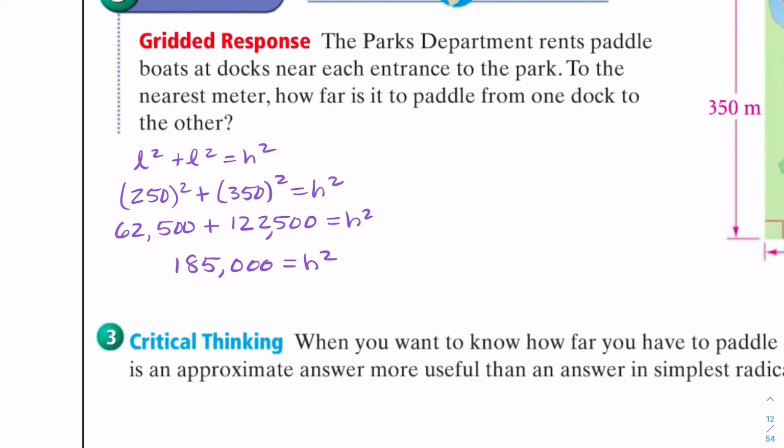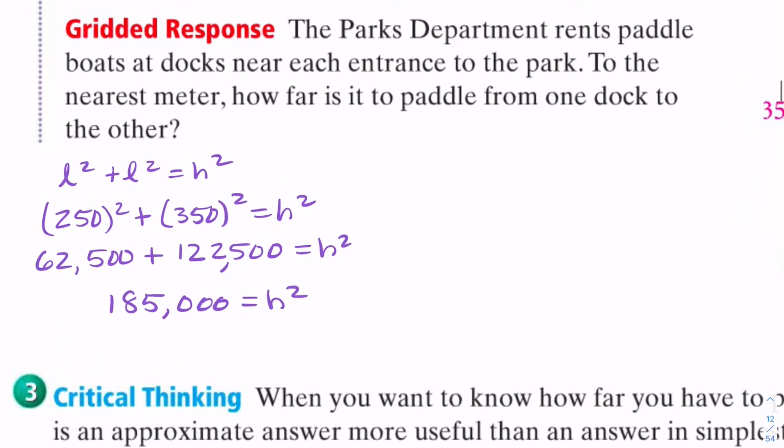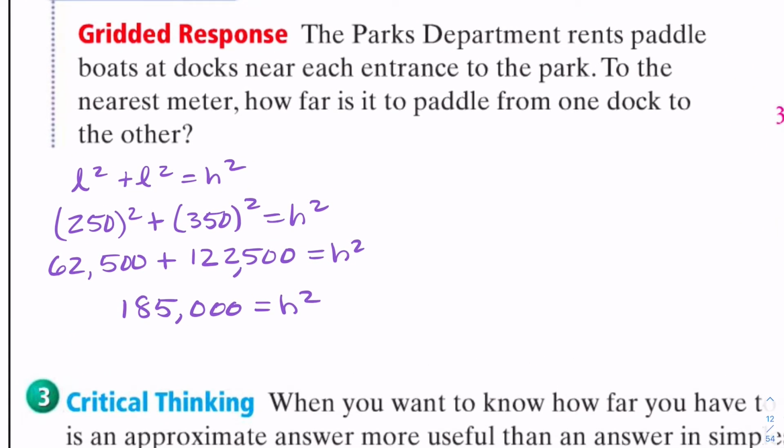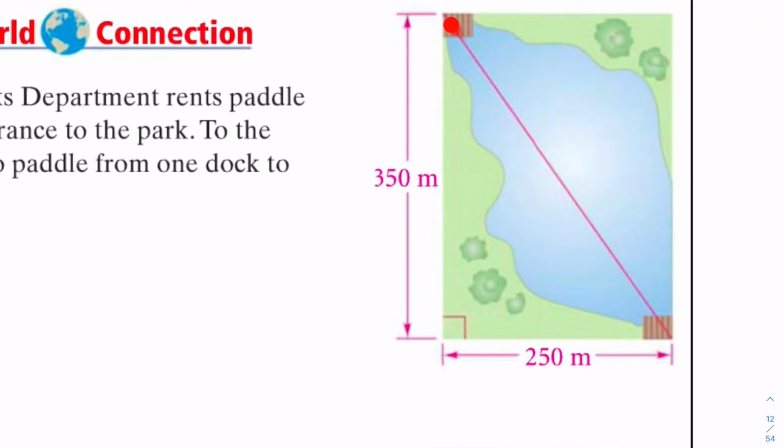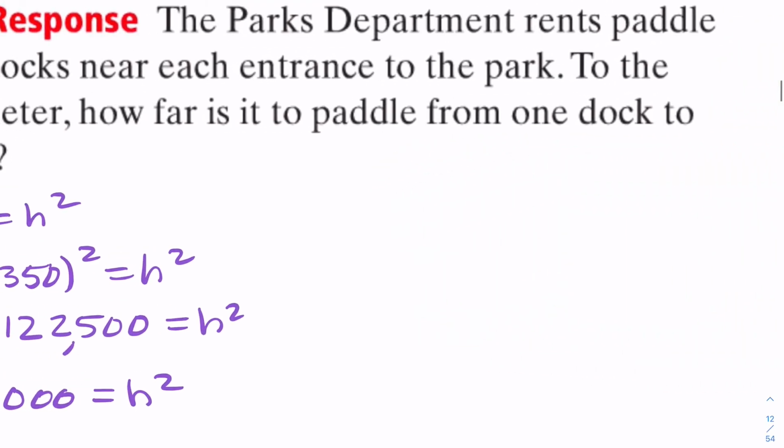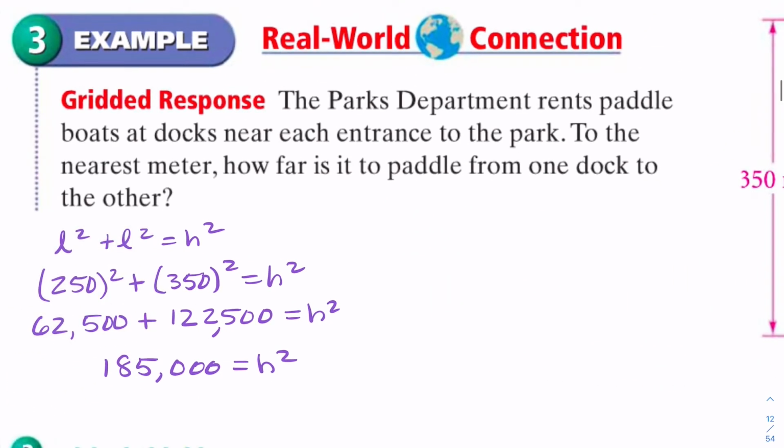To the nearest meter, how far is it to paddle from one dock to the other? Why would we use meters? Why wouldn't we put it in simplest radical form and leave it like that? Well, no one says it's 100 square roots of 2 meters to get from one side to the other, because it's just not really a relative amount. Instead, you would actually just do that algebra out.